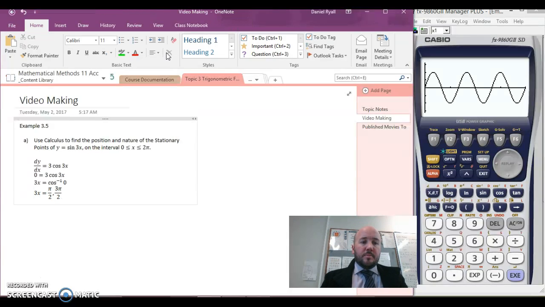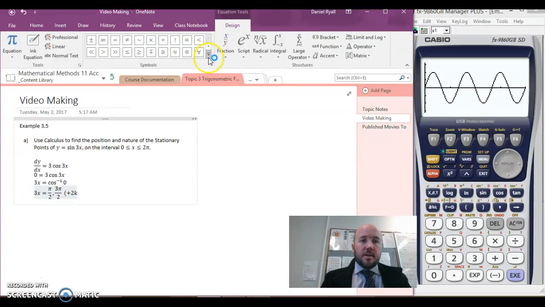But because it's a cyclic function, we need to make sure we always add in multiples of the period. For a sine or cosine function, that's always going to be multiples of 2 pi. The reason we include that is because otherwise we'll be missing the subsequent solutions. So multiples of the period need to be added.